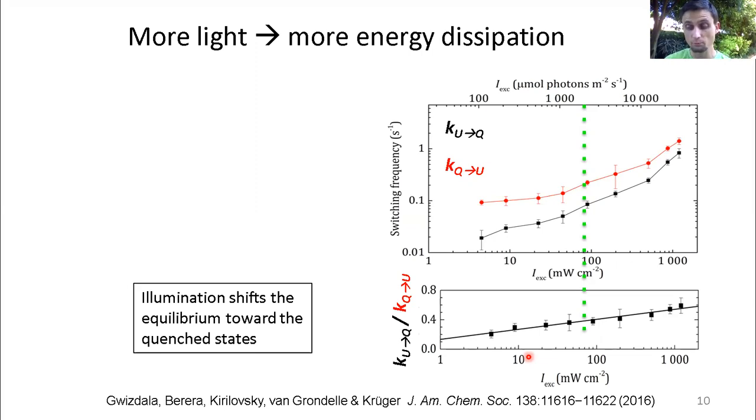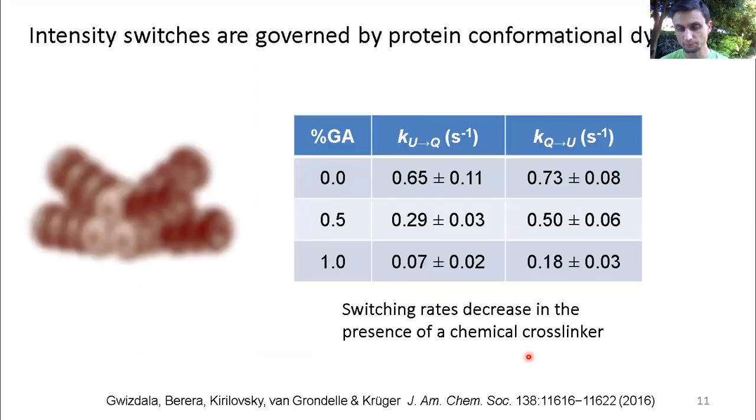More light means more quenching. So this is a new intrinsically available photoprotective mechanism that is switched on immediately and with greater effect as the excitation intensity increases. Now, what is the underlying molecular mechanism?